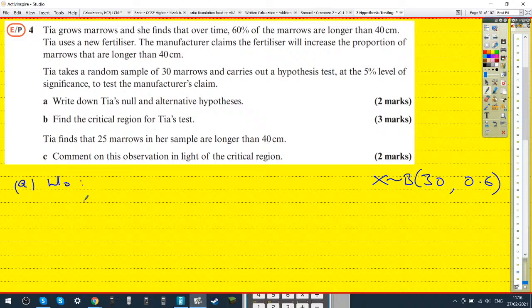H null, H1. Okay. And then would H null be... No, H1 be... So what is H null?